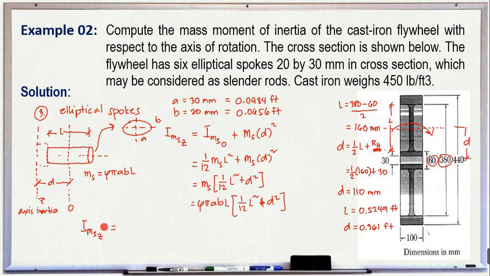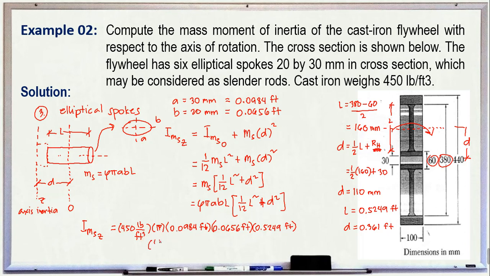So this is for a single spoke only, so we multiply our answer here by 6. Again, 450 pound per cubic foot. We have pi, our A is 0.0984 foot, our B is 0.0656 foot. Then our L is 0.5249 foot.